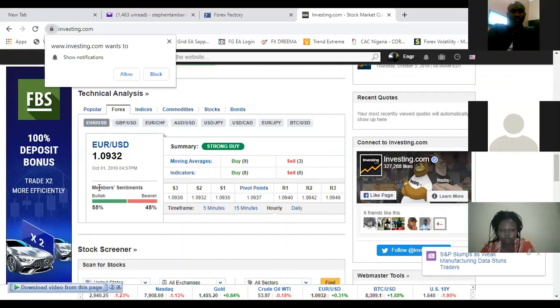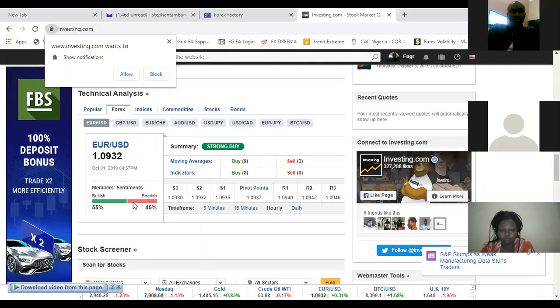Now the member sentiment, remember I told you sentimental analysis is the third one. They are looking at their member sentiment. Members in their own technical room, 55% are saying that Euro USD will go bullish, but 45% are saying it will go bearish, that is to sell.